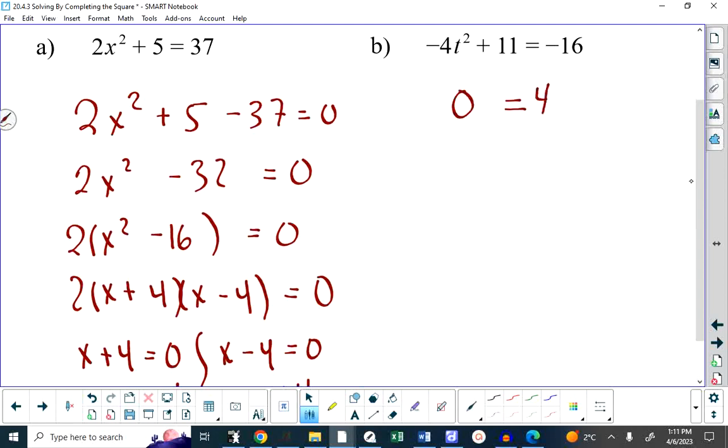I'm going to have positive 4t squared. I'm going to have to subtract 11 and subtract 16. So I get 0 equals 4t squared minus 27. How's my arithmetic?